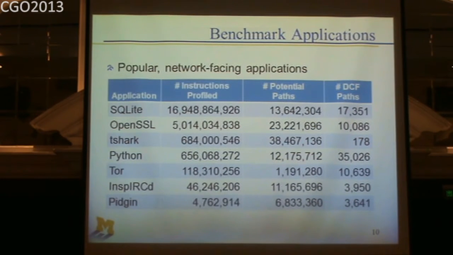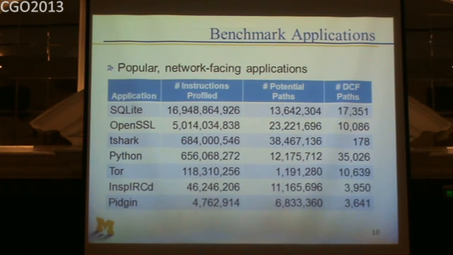Now, to get an idea of the potential finite length n path space, in this case, for this chart, a length of 4 conditional branches, we statically analyzed the code base to determine a conservative estimate of the potential number of unique length n paths, which is shown in the third column.